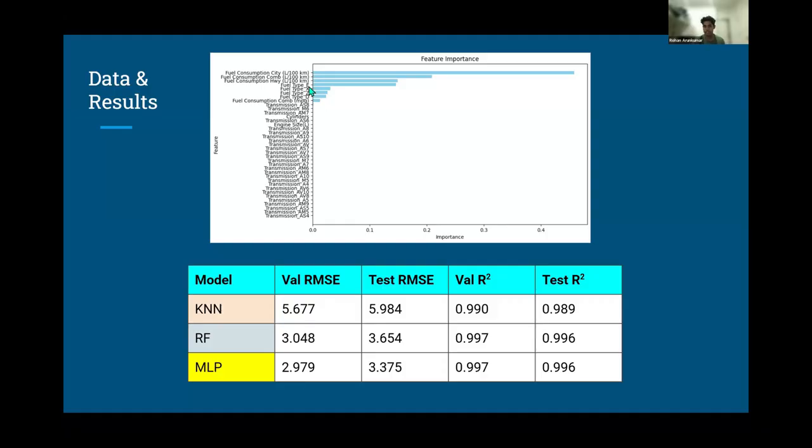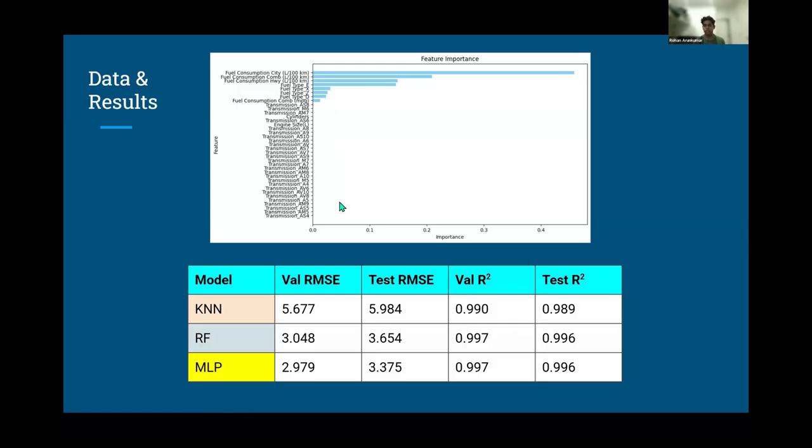But the most important one is ethanol because according to this graph, it had 0.15 importance. So what ethanol actually does, upon looking at the data set more carefully, is that when you use ethanol gas in a vehicle, it is associated with 15% lower emissions normally. So that's one interesting thing that the model found. The model also found that using diesel gas is 5% worse for carbon emissions.